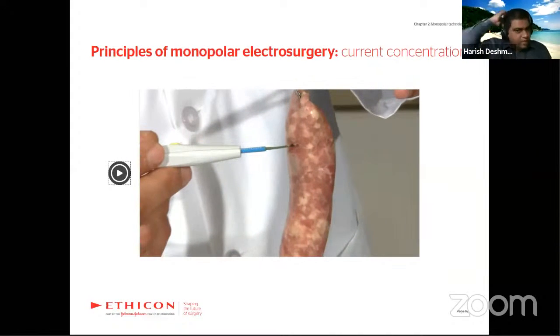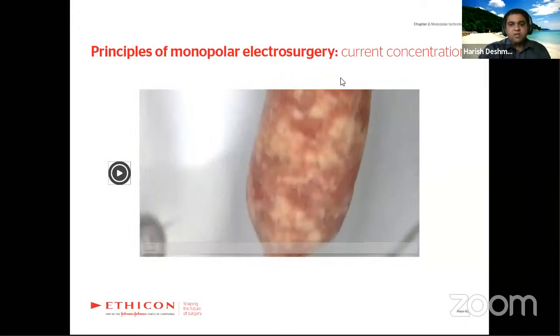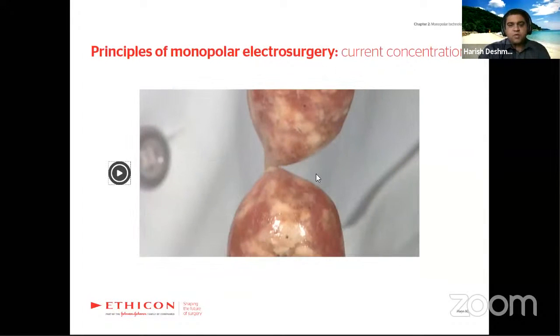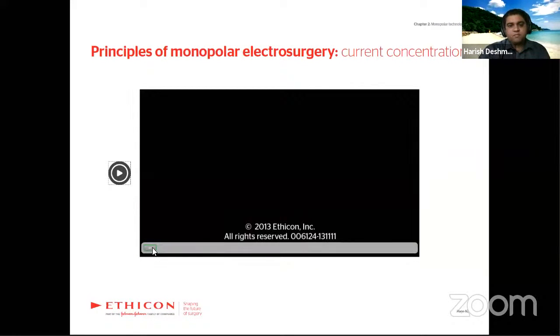Please observe it very nicely, because if you see, current is actually being passed onto the sausage at the top, but there is an effect in the joint that you are seeing here. I'll play the video again.